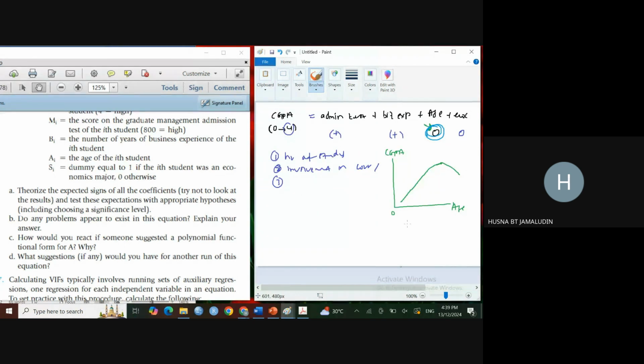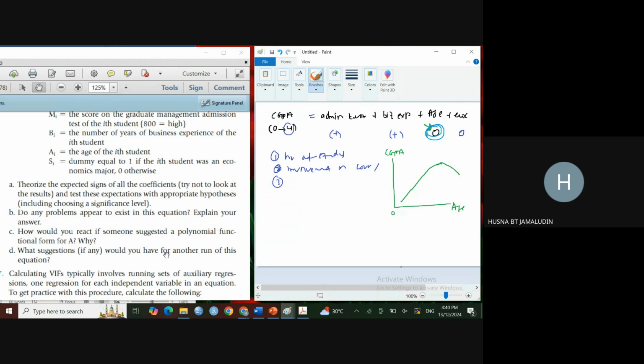Now you agree with this polynomial. Polynomial means that you believe that they have some relationship, but in the first place, you already know that they don't have a relationship. So don't get distracted. Now you get confused with the question. Okay. So now how would you react to the polynomial function? In the first place, you are saying that there is no relationship, so there is no way to have this functional form.